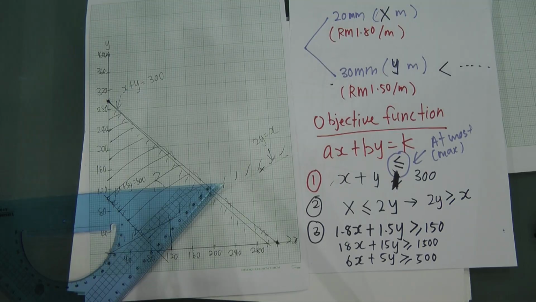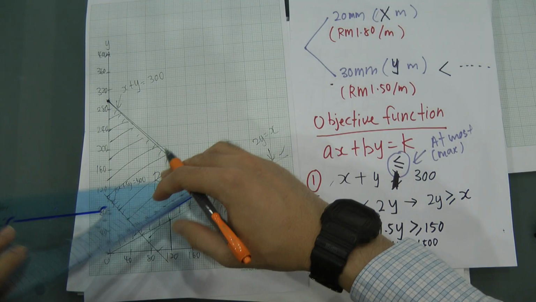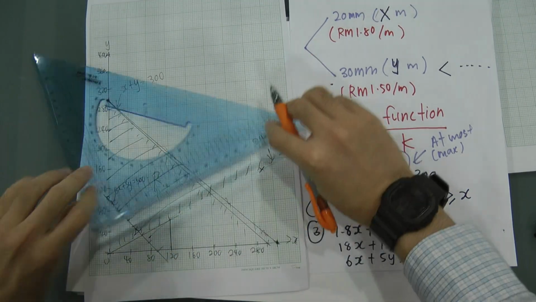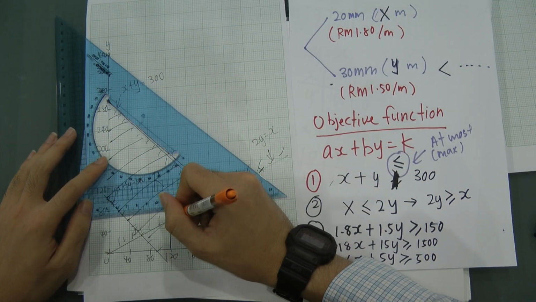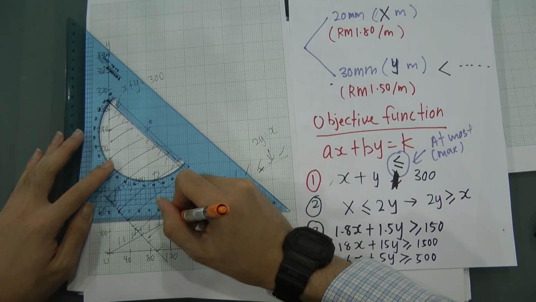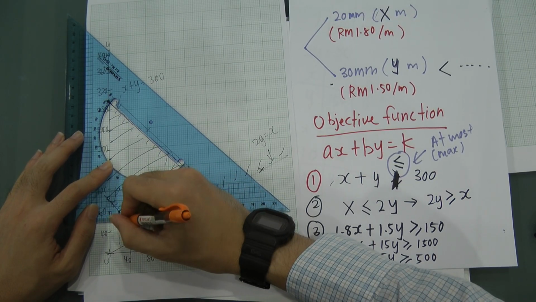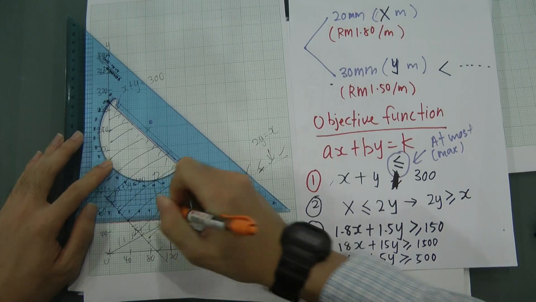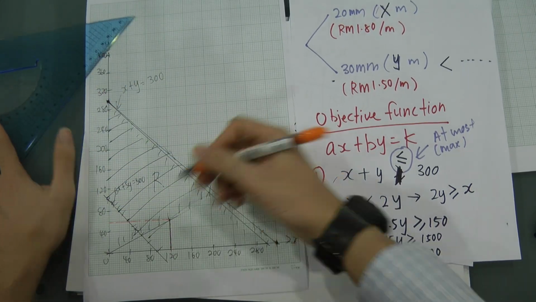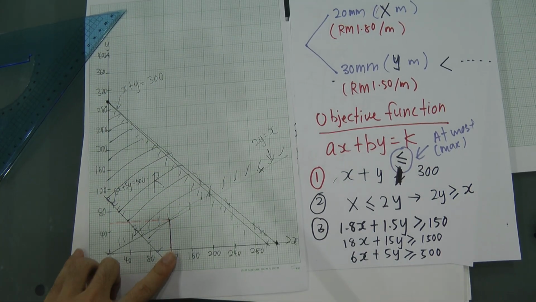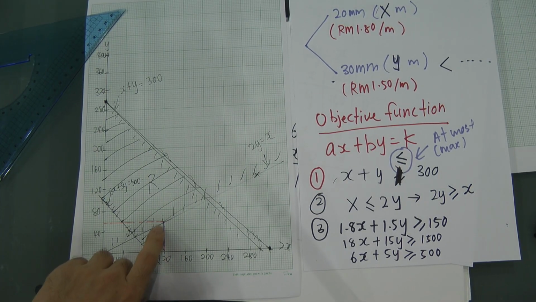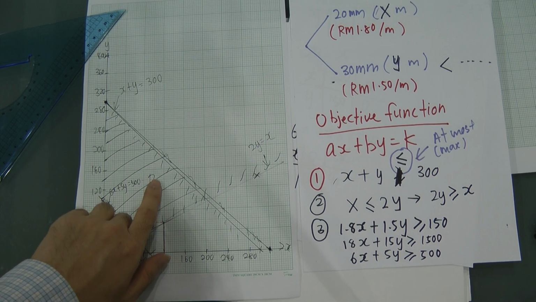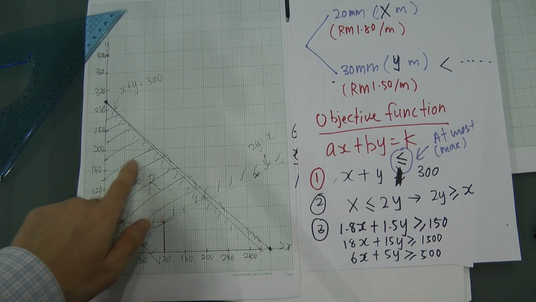Maybe I use other color pen to make this easier to see. Okay, the first point I touch here, and then I move here. So this is what we call minimum. If let's say in this example you want to find maximum, you just move to the maximum point on the shared region, and then you move to the y.